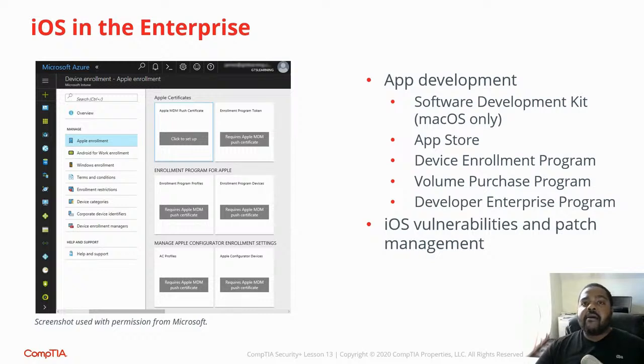It's kind of funny to me how the mobile side of the industry is strictly Apple, but when it comes to desktops and PCs and servers, we're probably more heavy on the Windows side. But anyway, Microsoft Azure is actually controlling or managing the Apple phones that we have on this network.